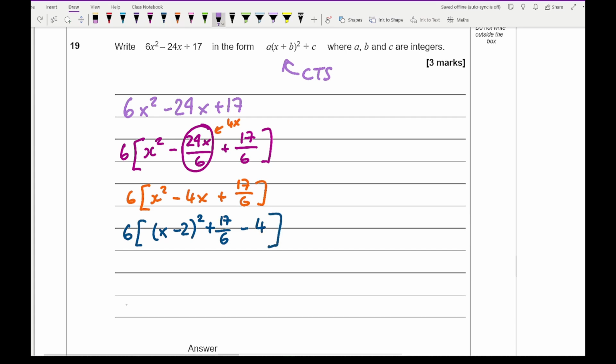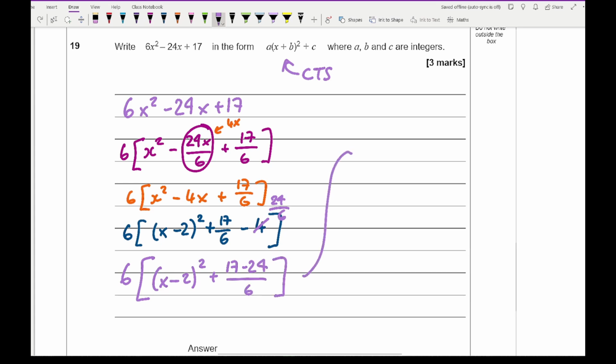Then if I rewrite 4 as a fraction with 6, that's going to be 24 over 6. And the reason for that is just so I can combine 17 over 6 minus 24 over 6. So 6 lots of x minus 2 squared plus 17 minus 24 all over 6.